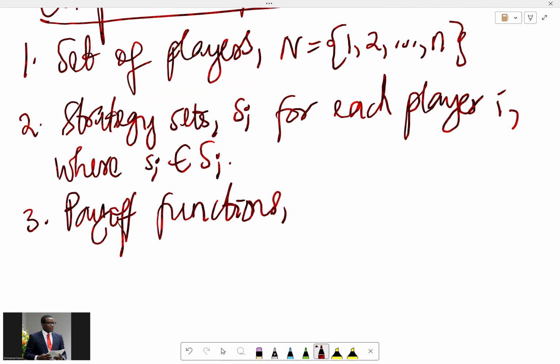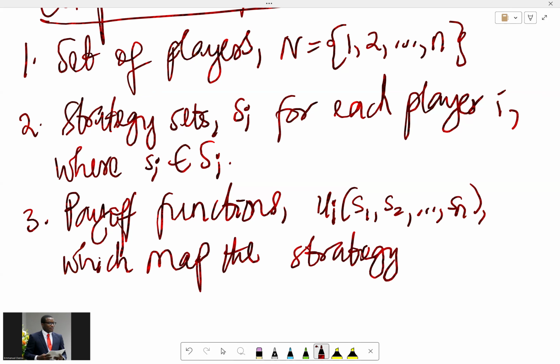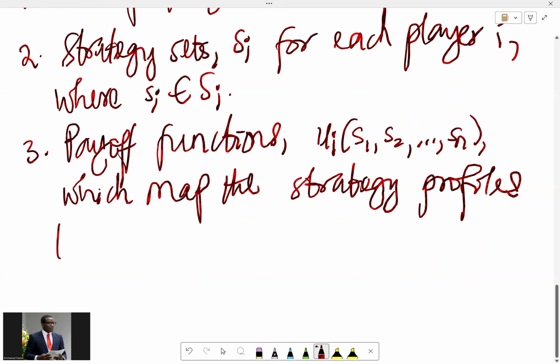Say you have U_i of S1, S2, all of that down to Sn. That's the payoff function, which maps the strategy profiles to numerical payoffs.